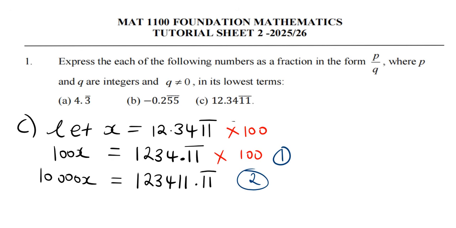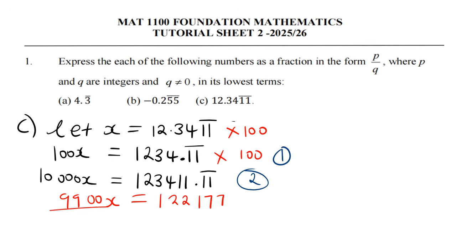Then you're supposed to subtract the two equations. So in this case we've got 10,000x minus 100x. So what is that going to give me? It's going to give me 9,900x, actually. This will be equal to, then the other one, 123,411 minus 1234. Okay, so for this one I'm getting 122,177.